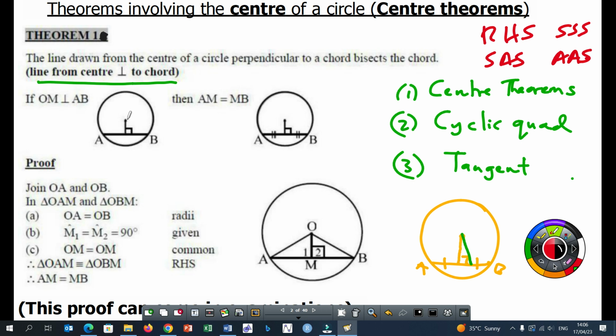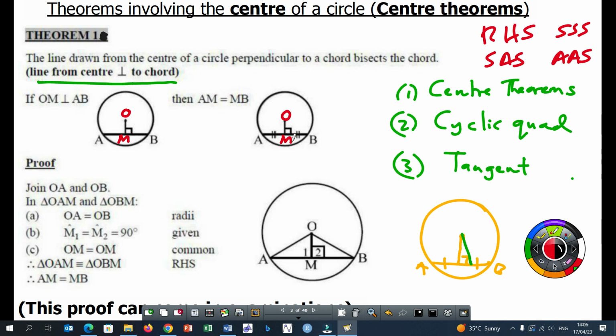Let's call the center O, and the point where the line meets the chord, point M. According to theorem 1, OM must be perpendicular to AB.